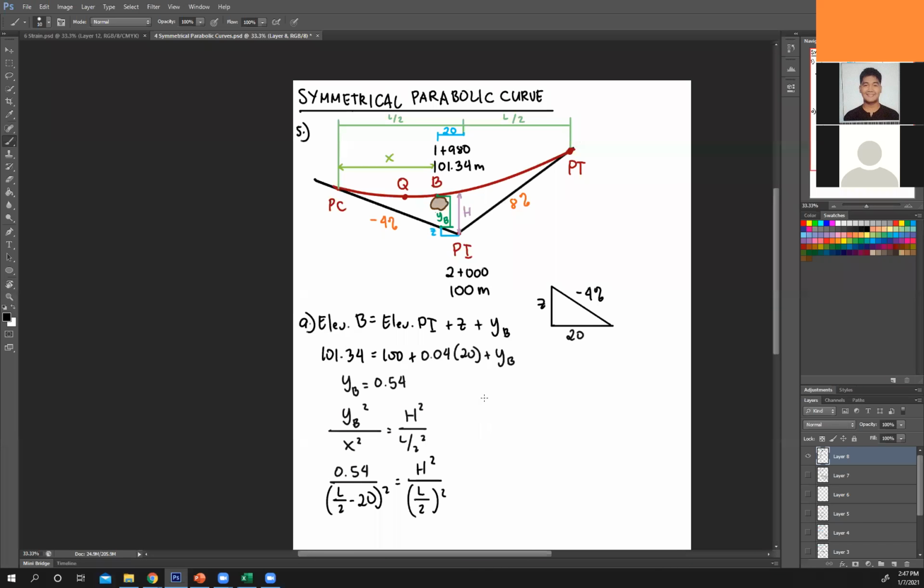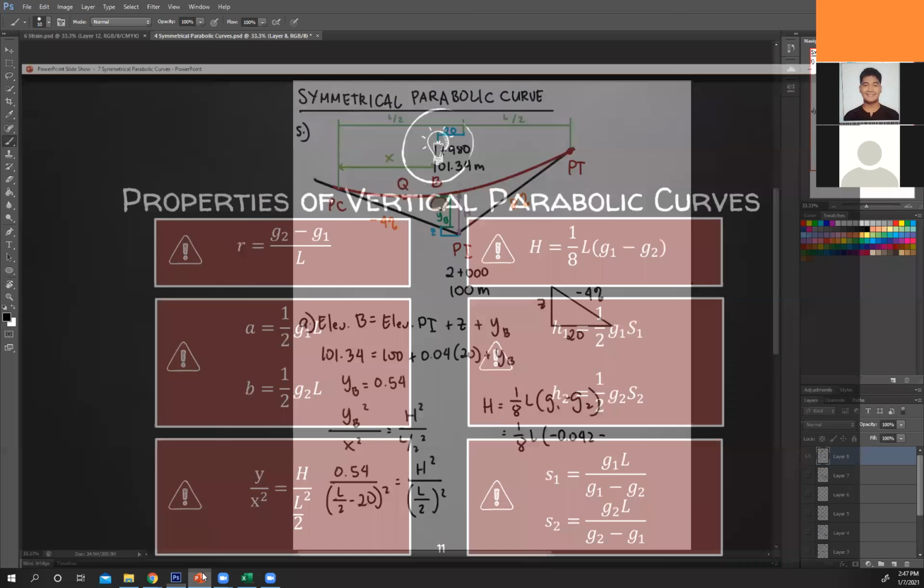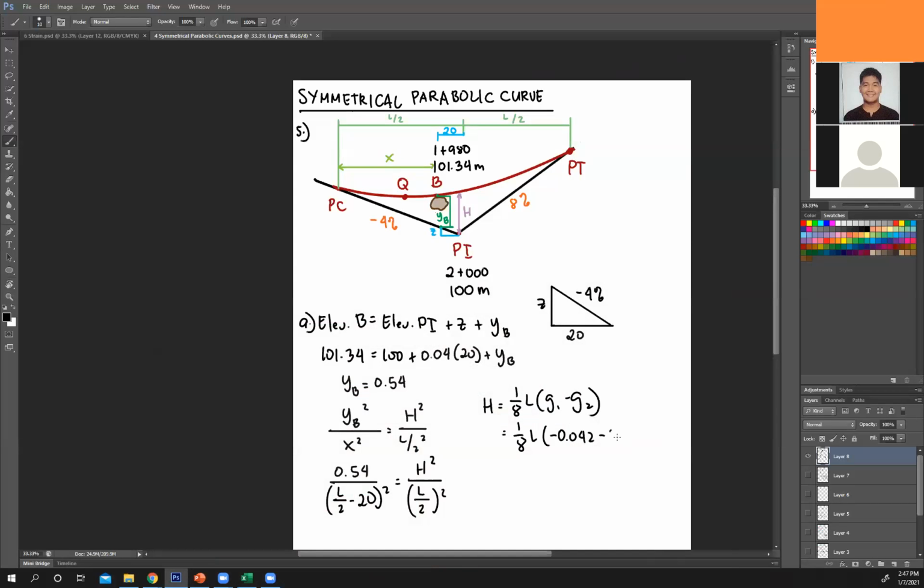So let's use that. So H equals 1/8 L times G1 minus G2. G1 is negative 0.04, minus G2, 0.08. So now H is just negative 0.04 minus 0.08, that's just negative 0.12. But H will just be squared here. So ignore the negative sign.